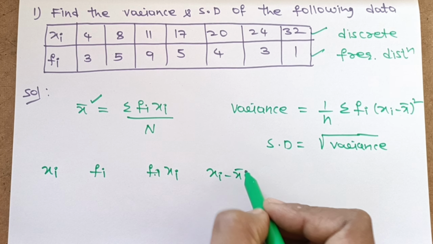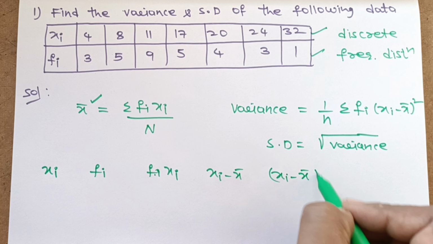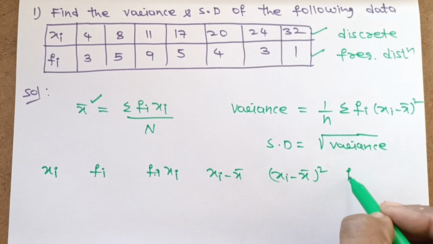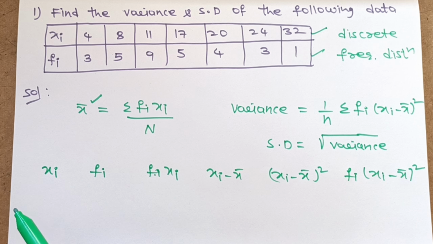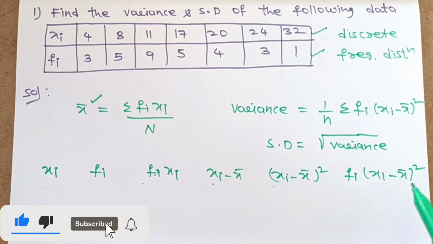After that xi minus x bar whole square values. Next multiplying with the frequency, that is fi into xi minus x bar whole square. So we have to write the values of xi, fi xi, xi minus x bar whole square, fi into xi minus x bar whole square.